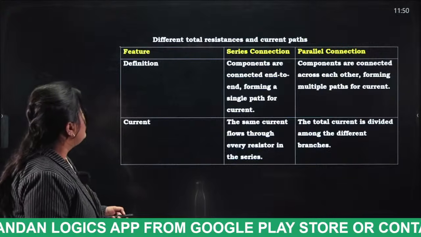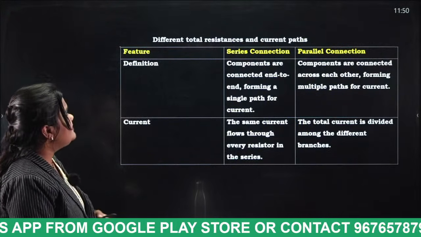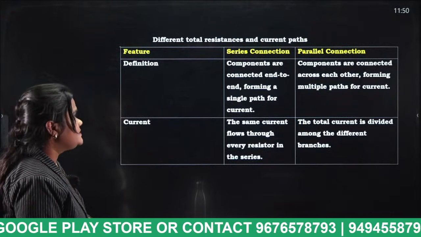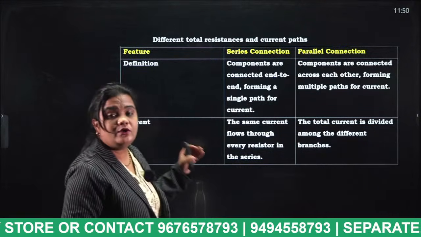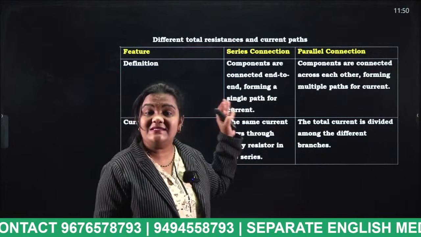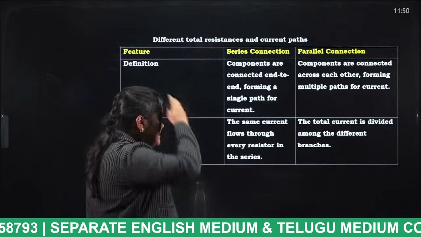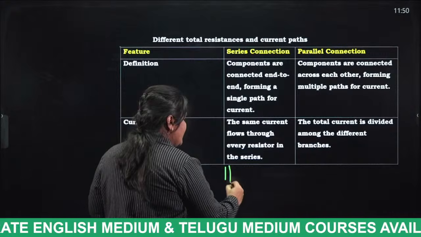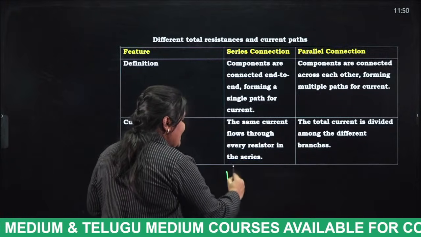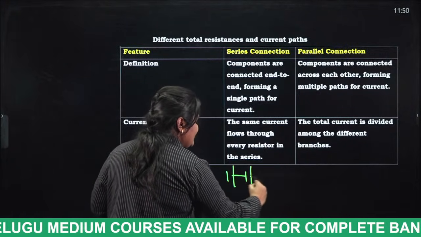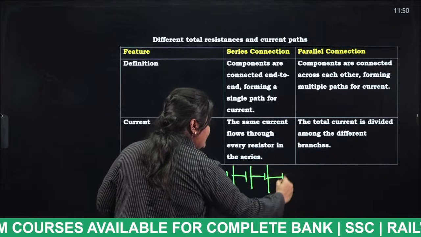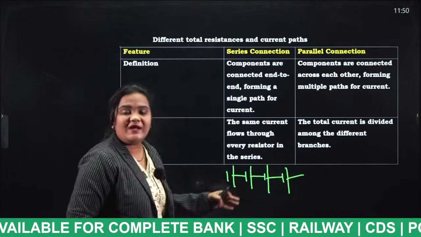Next, the difference between total resistance and current parts. Now I am going to discuss the difference between series connection and parallel connection. I have told you already, what is a series connection, students? When the cells are connected in series, that is known as a series connection.